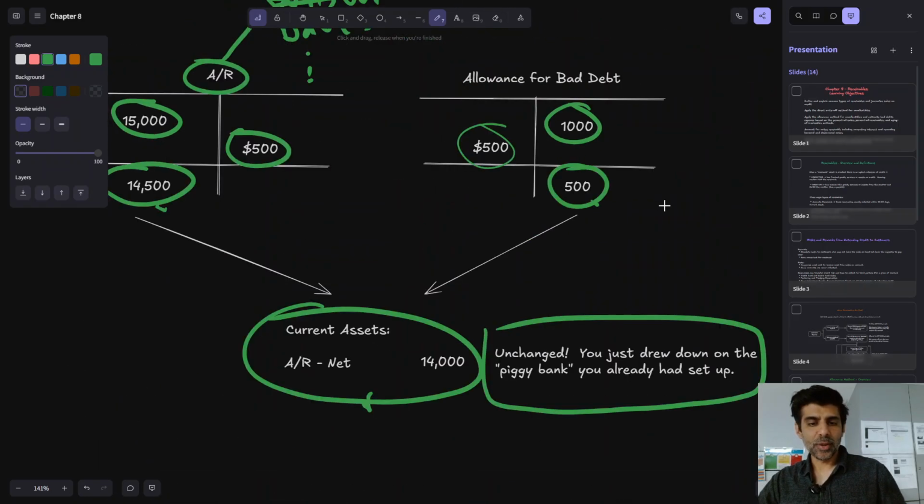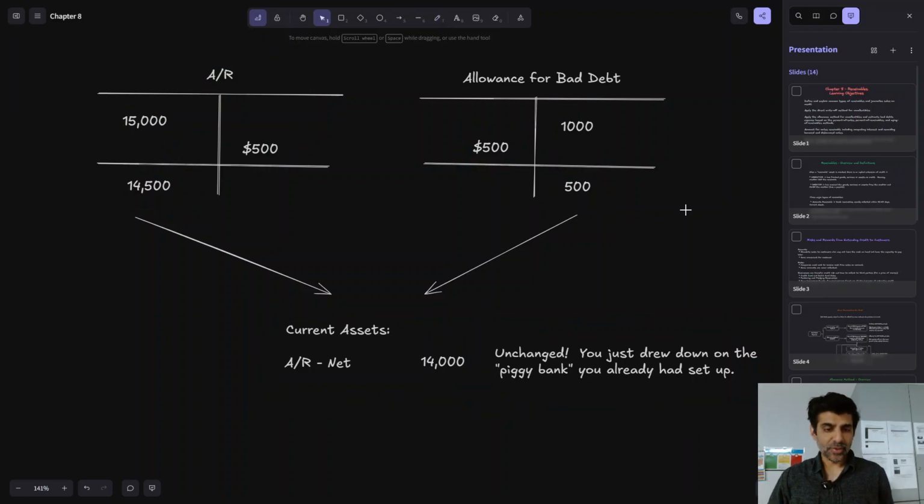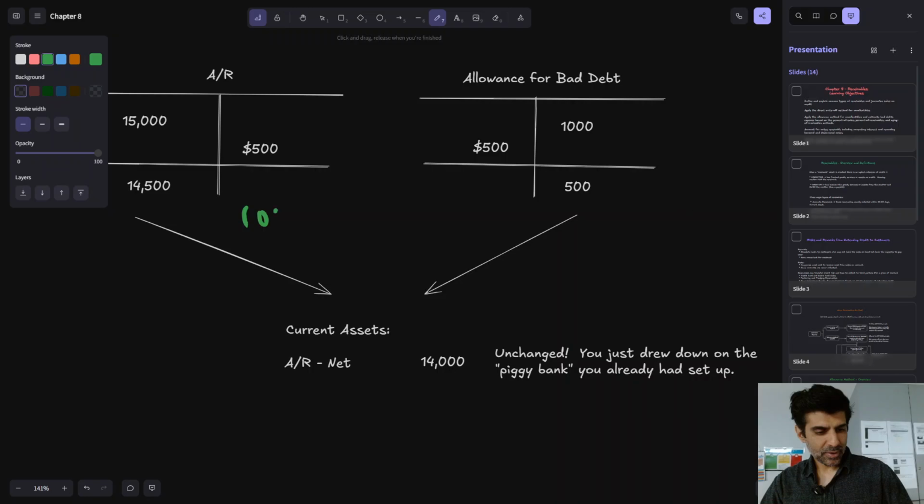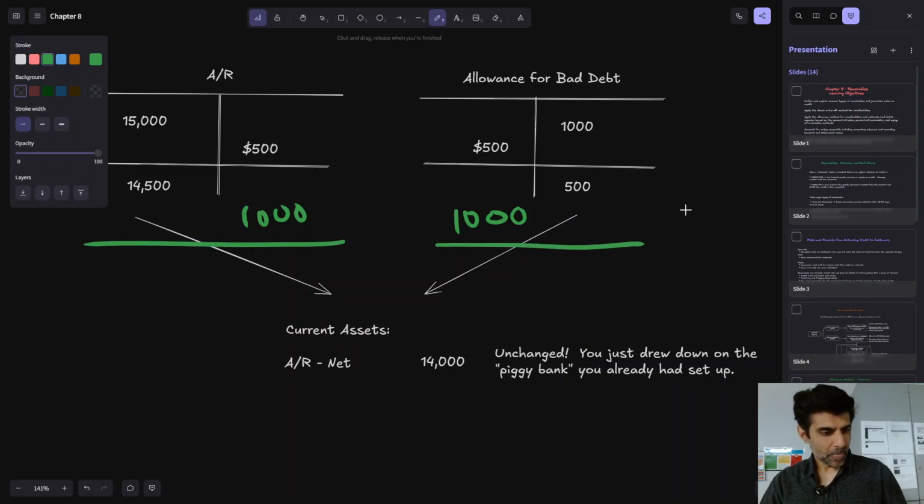Of course, this could be a problem. Let's say there's another write-off for $1,000. Now we would have to credit 1,000 again here, some other customer, and we'd have $1,000 here. So now this is going to be 13,500, and this is actually going to turn into a debit balance of 500.